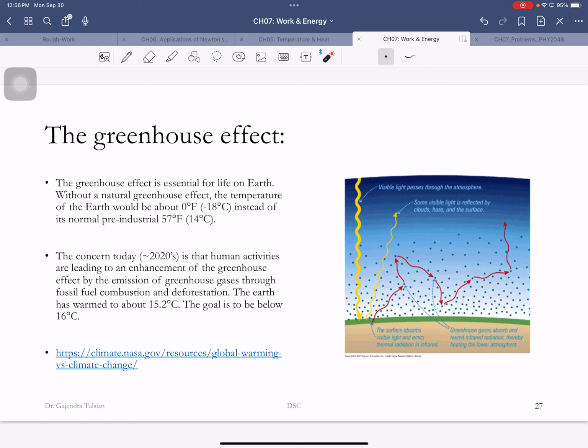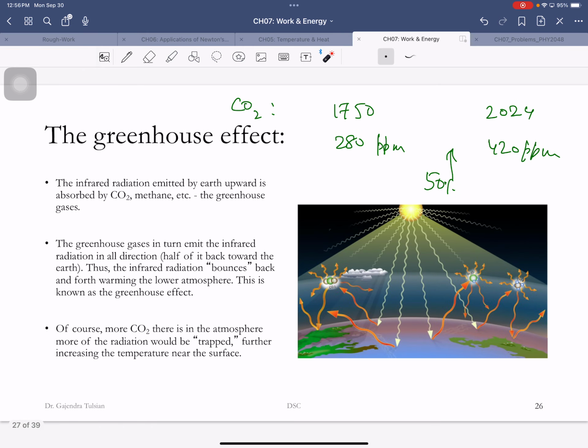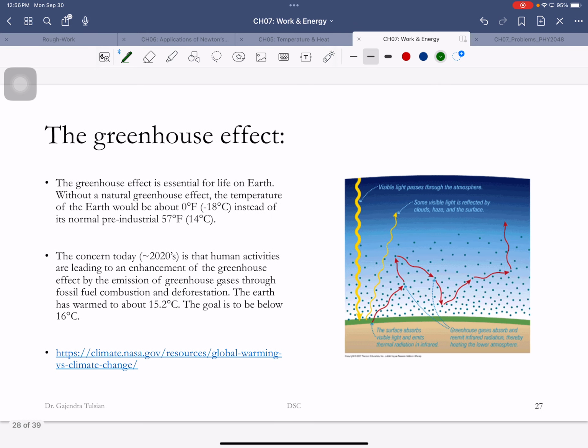Now, the greenhouse effect is not all bad. So, for instance, if there was zero CO2, the Earth's temperature would be minus 18 degrees Celsius. That's what this is saying, okay? With 280 parts per million, it's 14 degrees Celsius, which is good.